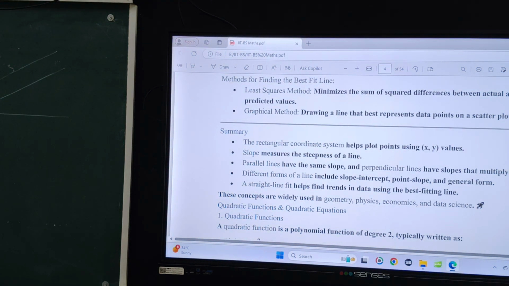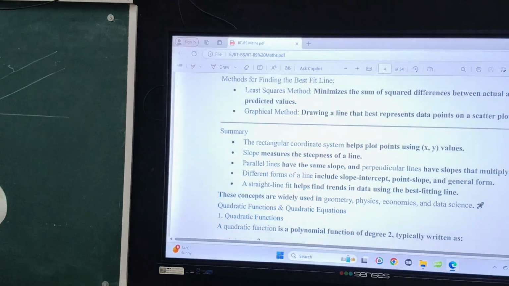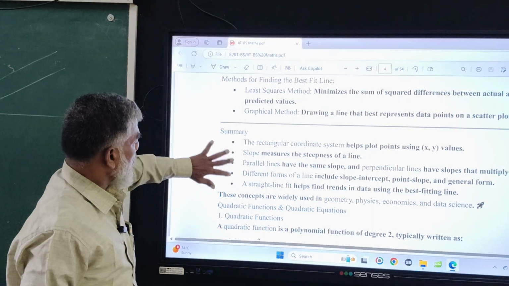You will get a line. That line is also a best fit. Fit regression lines we will be studying in the degree course, BSc or BE. Least square principle you already studied, so I will give an assignment. Just tell me in the next class what is least square principle. Take the 12th standard book, the last chapter is least square principle, and tell me what it is, I will explain. Next, slope measure summary over.